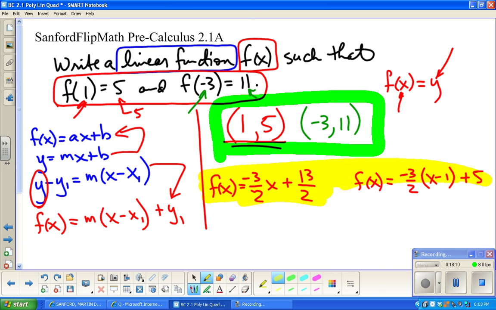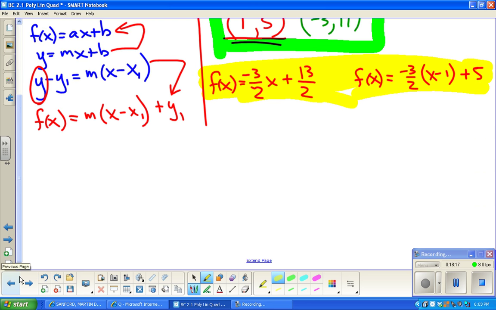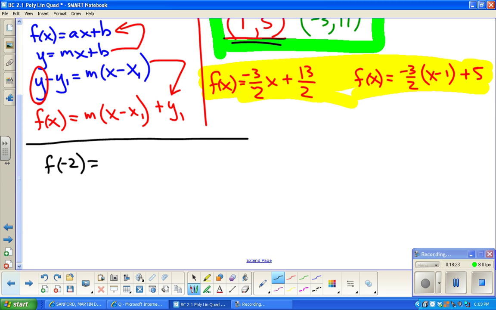I'm not going to say much more about this at this point, but let me give you a quick setup. If we said f of negative 2 is 8, and f of 1 is 2, then all this means is the points (negative 2, 8) and (1, 2).